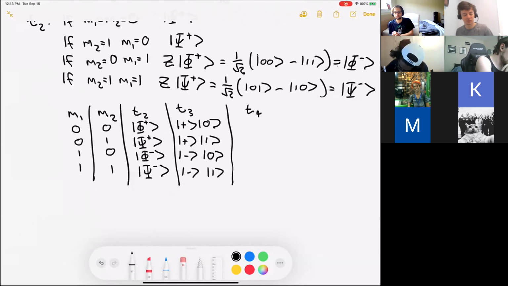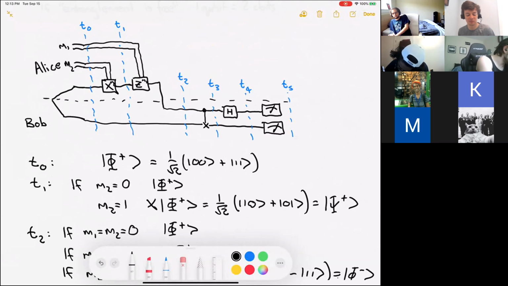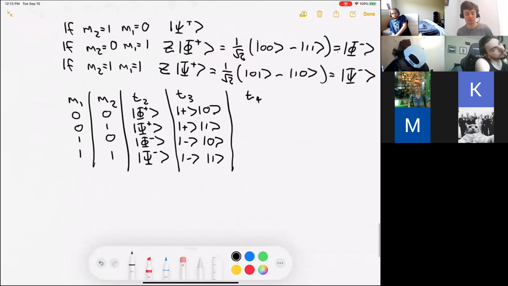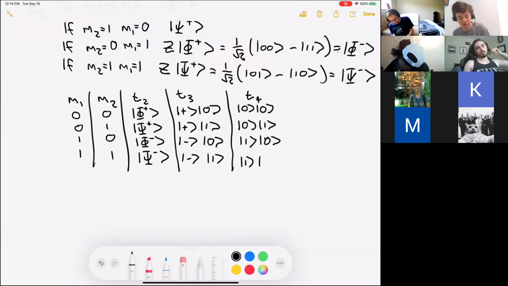Finally, at T4, we apply a Hadamard to the first qubit. Hadamard takes the plus state to the 0 state, so it becomes 00 and 01. It takes the minus state to the 1 state, so we get 10 and 11. Okay.